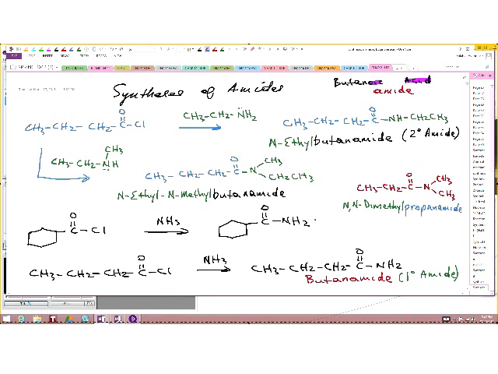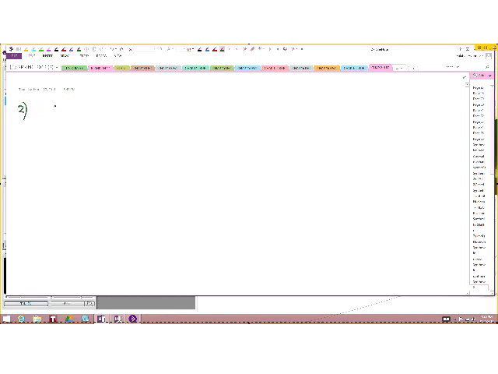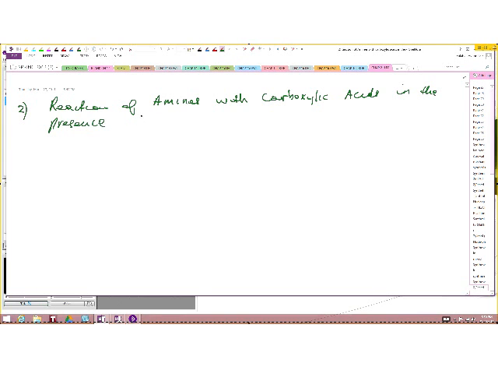There is one more method I want to give you: the reaction of amines with carboxylic acids in the presence of dicyclohexylcarbodiimide.